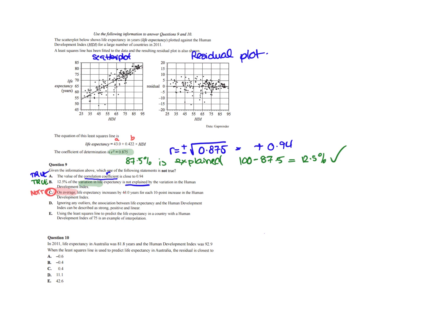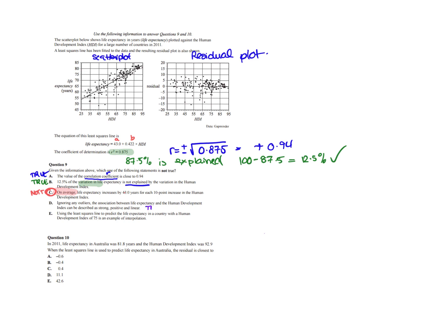Then if I go and check the other ones, hopefully we will see that they're true. So D, ignoring any outliers, the association between life expectancy and human development index can be described as strong positive linear.